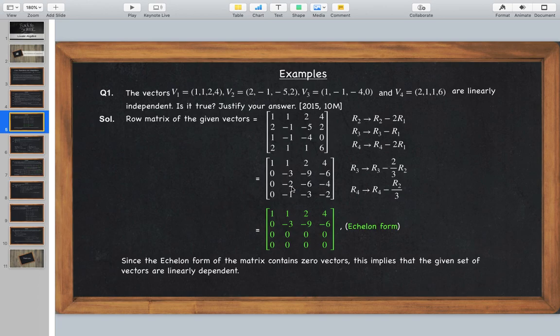Then I try to create zeros in the remaining places, so I apply row operations to r3 and r4 and get zeros there as well. As we can see, there are two zero row vectors in the echelon form, and since the echelon form of the matrix contains zero vectors, this implies that the given set of vectors is linearly dependent.